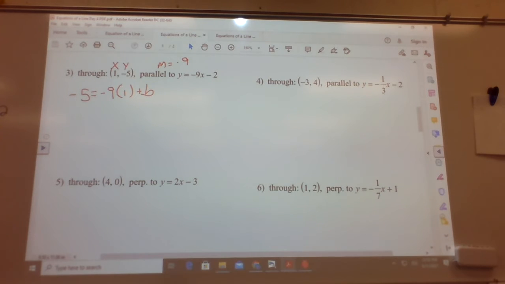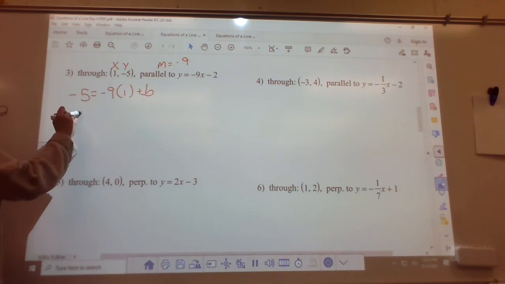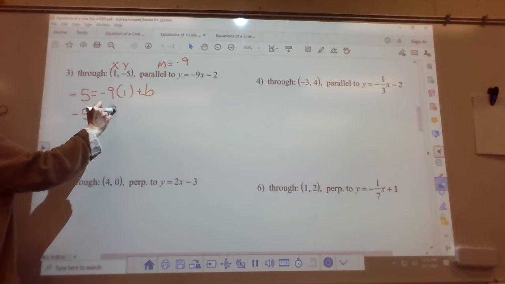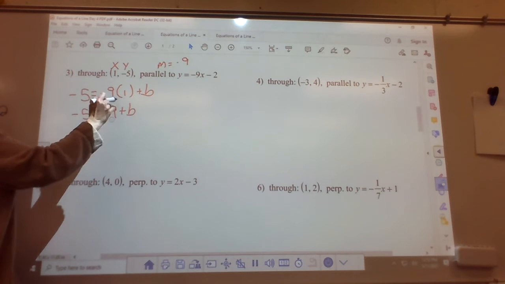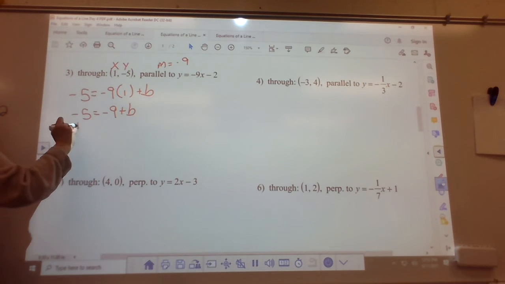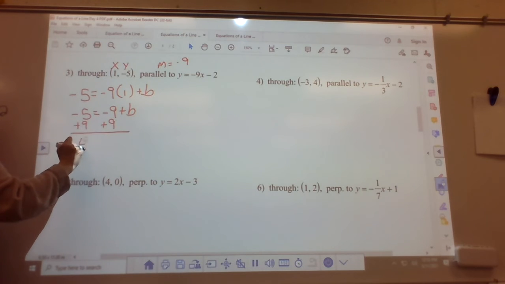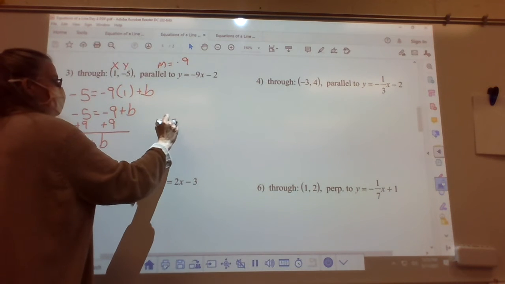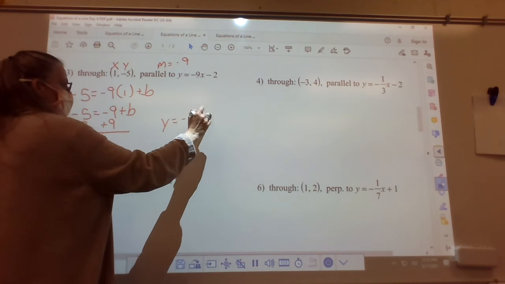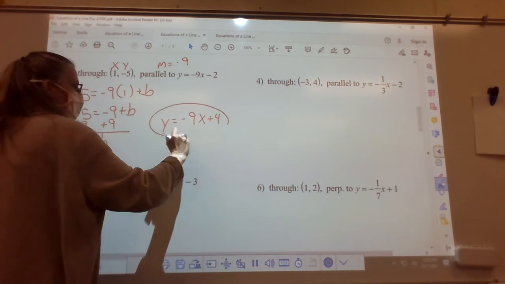Negative 9 times 1 is negative 9. Move the negative 9 by adding 9. You always do the opposite. 4 equals b. So y equals negative 9x plus 4. That is my answer.